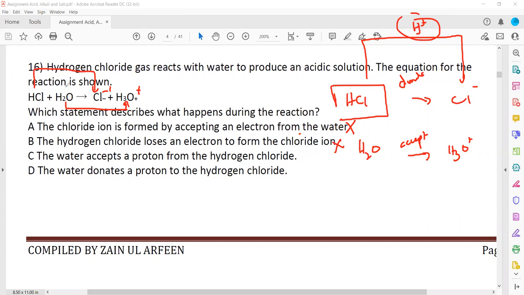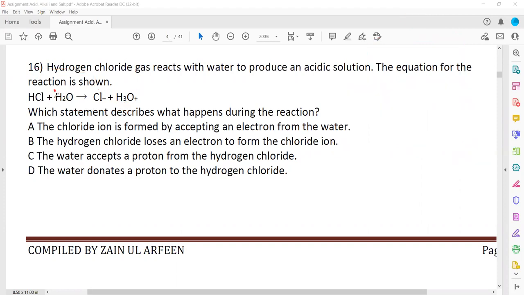So what happened to water? Water is H2O, and you can clearly see that water is taking a proton. Initially it is H2O, then it turned into H3O. What does it show? It shows it accepts a proton.